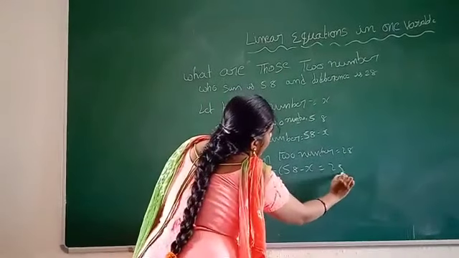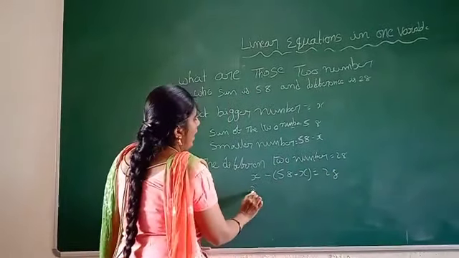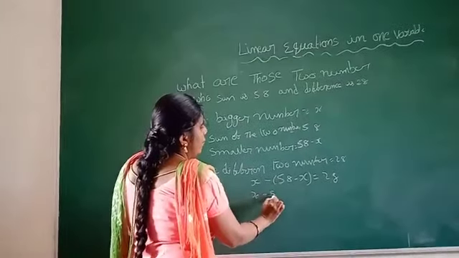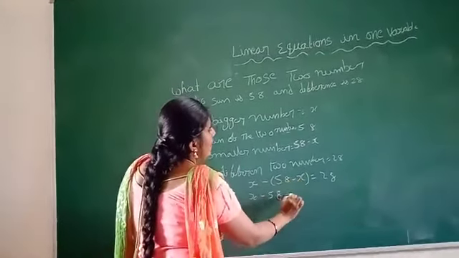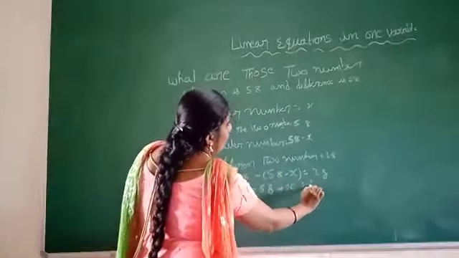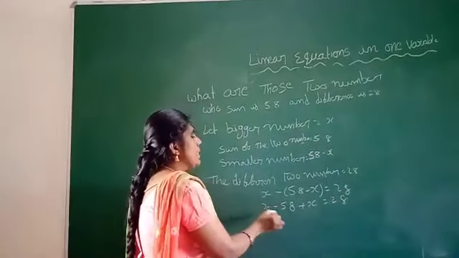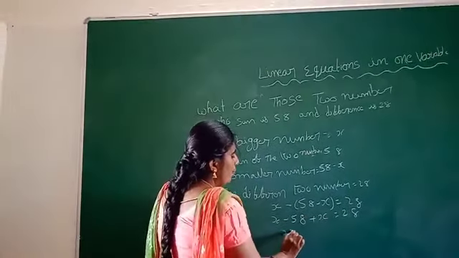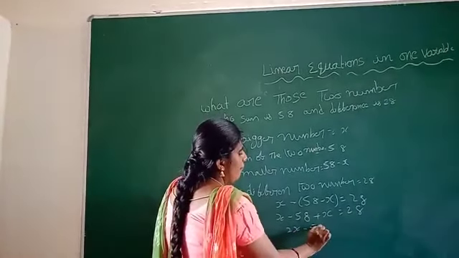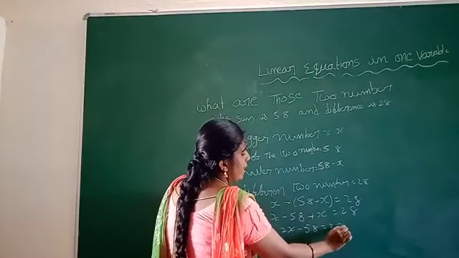x plus into minus, minus 58, minus into minus, plus x equal to 28. x plus x is 2x. 2x minus 58 equal to 28.